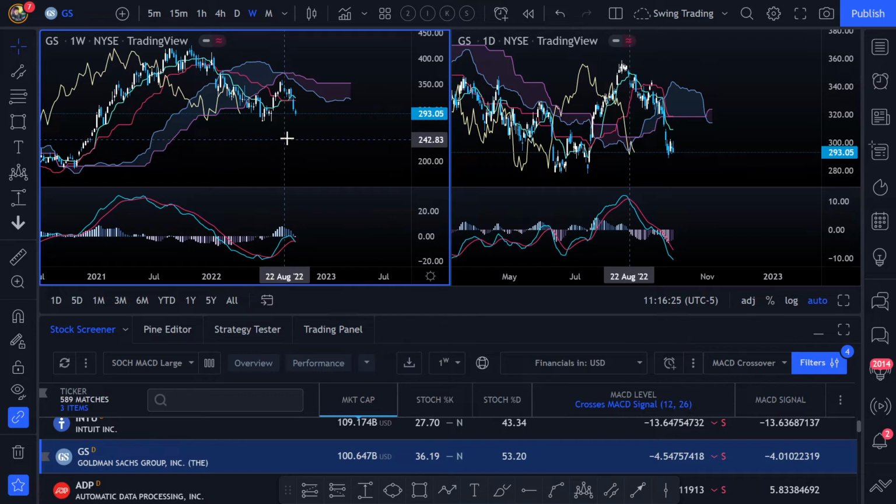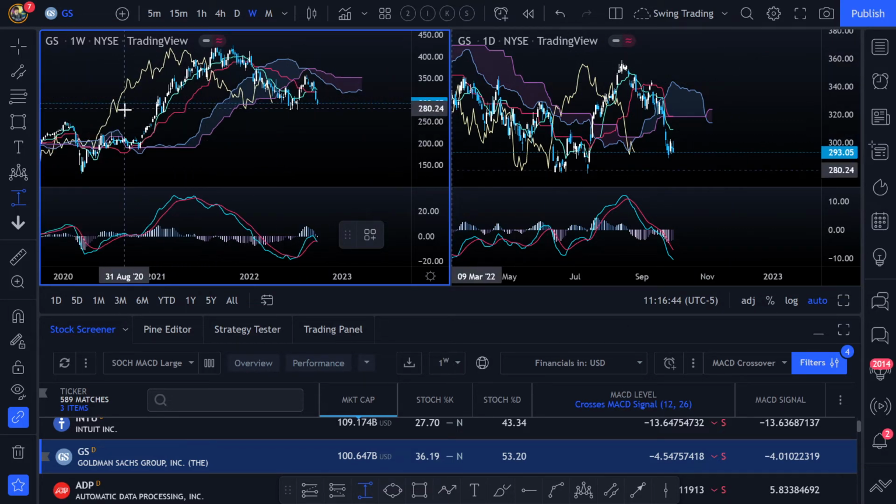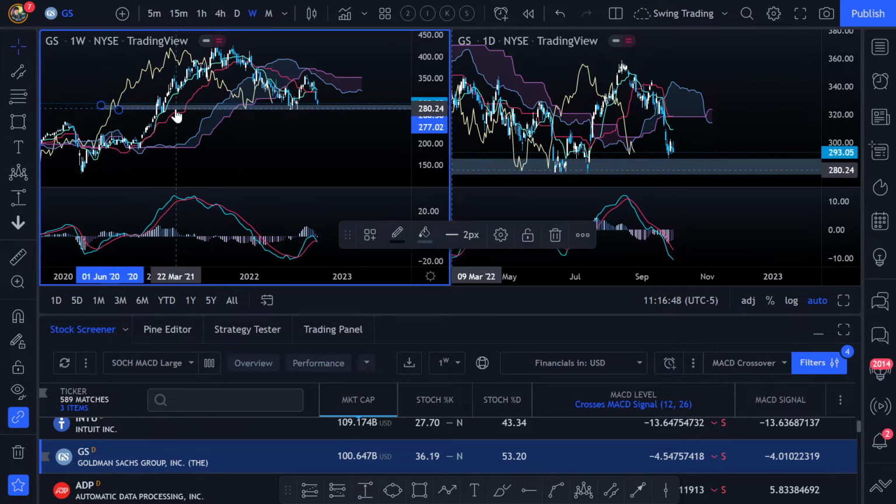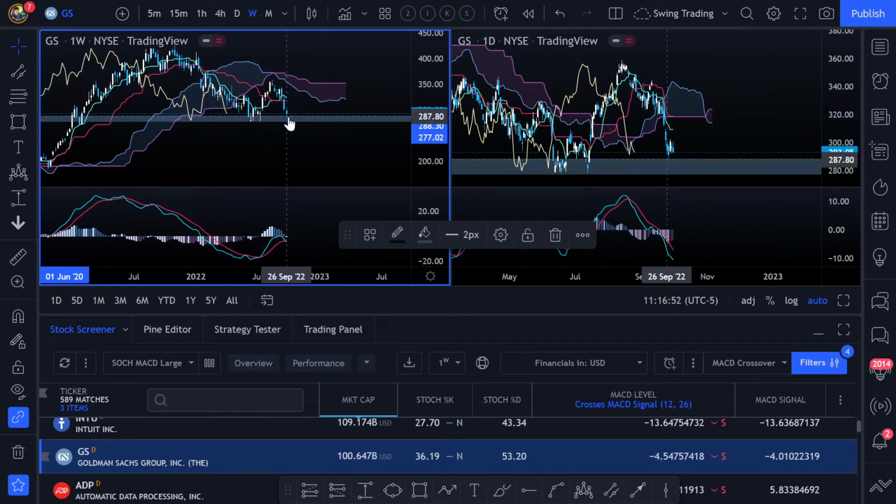This is also another one that I see as a good short opportunity because we have a weekly bearish MACD crossover below the weekly Ichimoku. So let's see if the price is able to break this previous support and go lower.